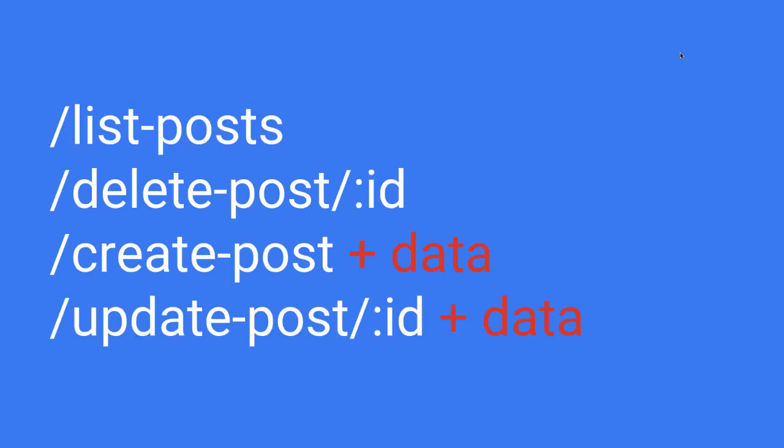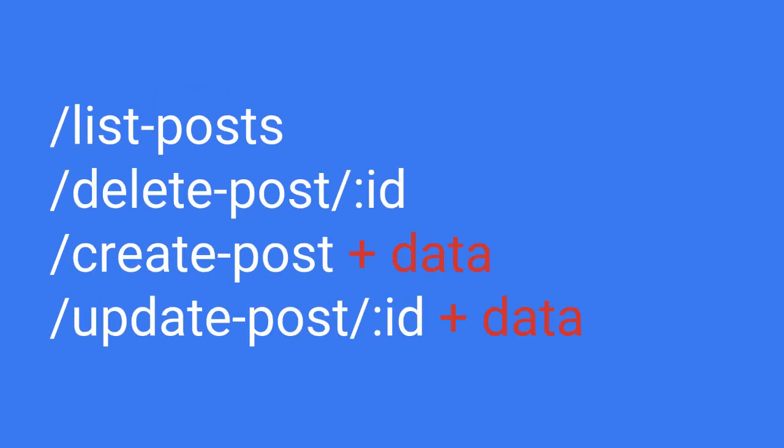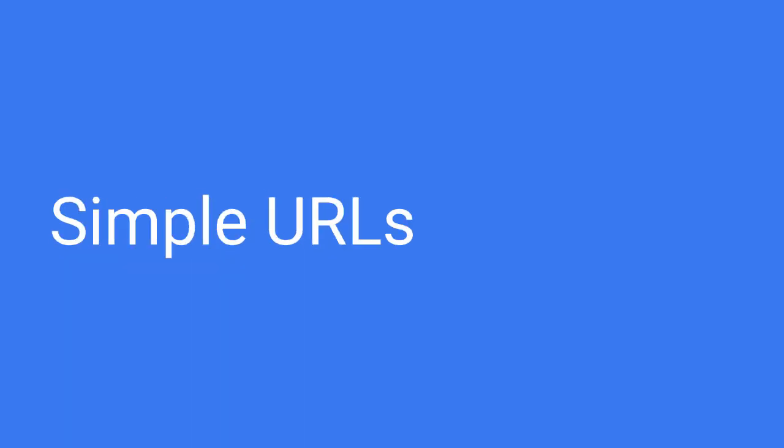When people talk about REST APIs, they're typically talking about a convention associated with doing CRUD on an API. What I just showed was something I made up, but REST APIs have a set of conventions people follow.